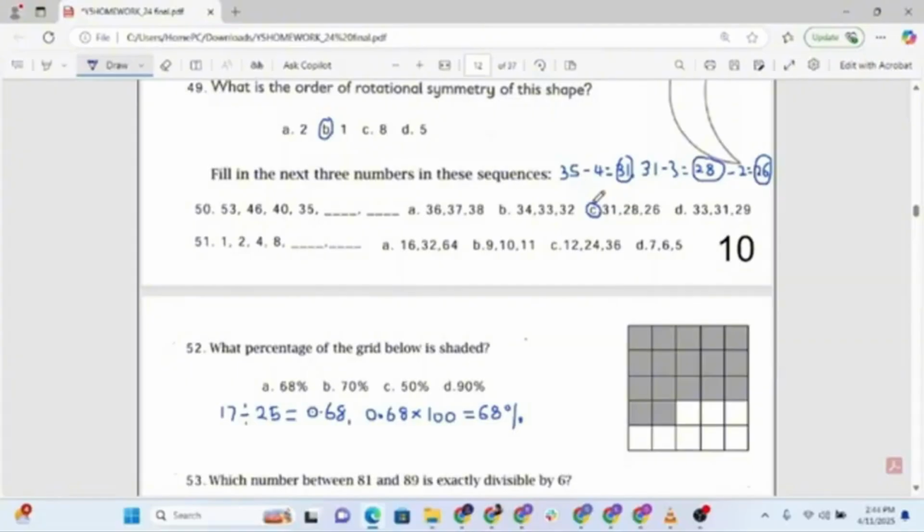Notice the decreasing pattern. 53 down by 7 equals 46. 46 down by 6 equals 40. 40 down by 5 equals 35. Next, we continue subtracting 1 less each time. Minus 4, minus 3, minus 2. So 35 minus 4 equals 31. 31 minus 3 equals 28. 28 minus 2 equals 26.